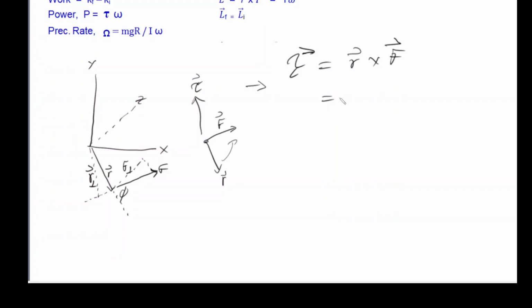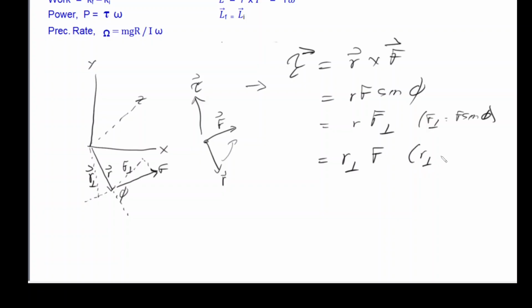So to rewrite this, we could say that torque is equal to RF times sine of phi, or it's equal to R times F perpendicular, where F perpendicular is equal to F sine of phi, or R perpendicular times F, where R perpendicular is equal to R sine of phi.